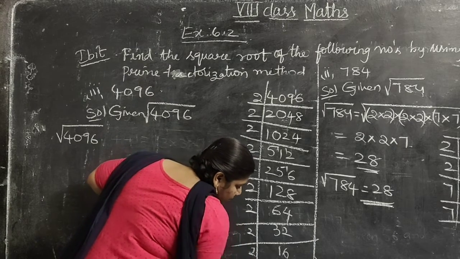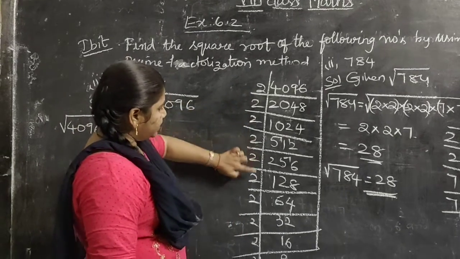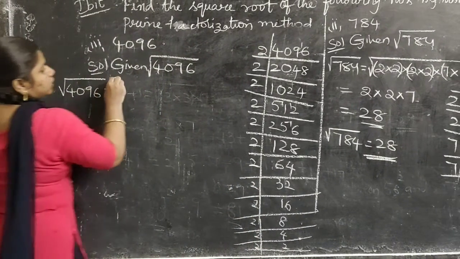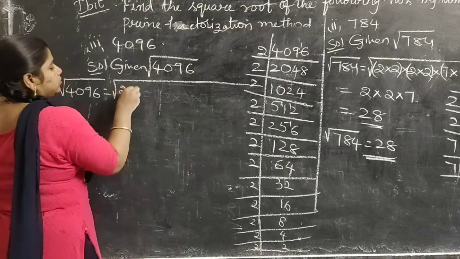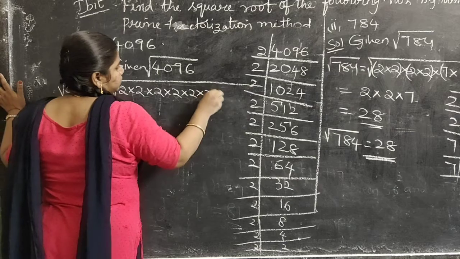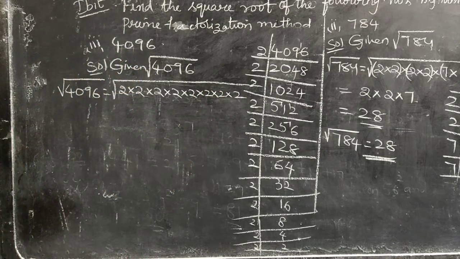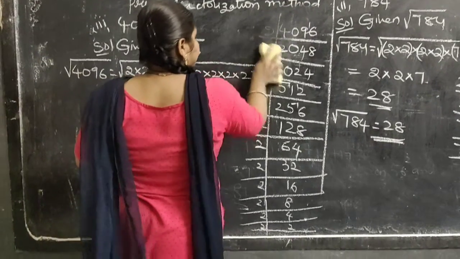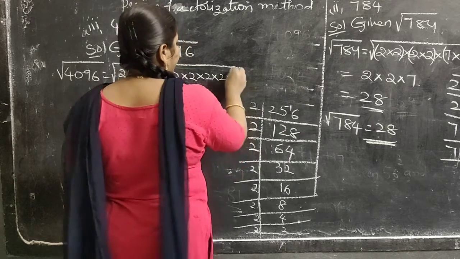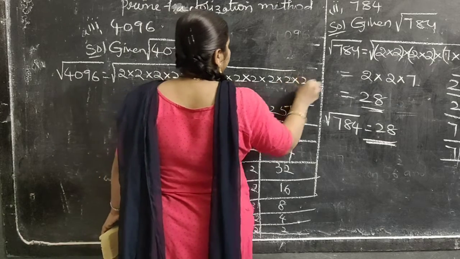2 2s are 4, 2 1s are 2. So how many 2s did you get? 1 2 3 4 5 6 7 8 9 10 11 12. 12 2s have you got? Total 12.